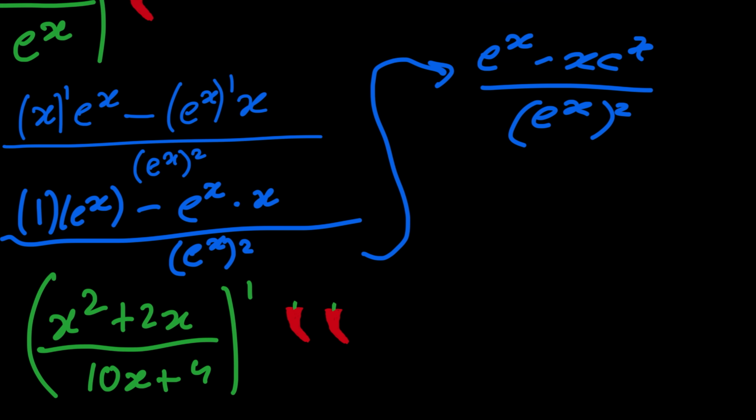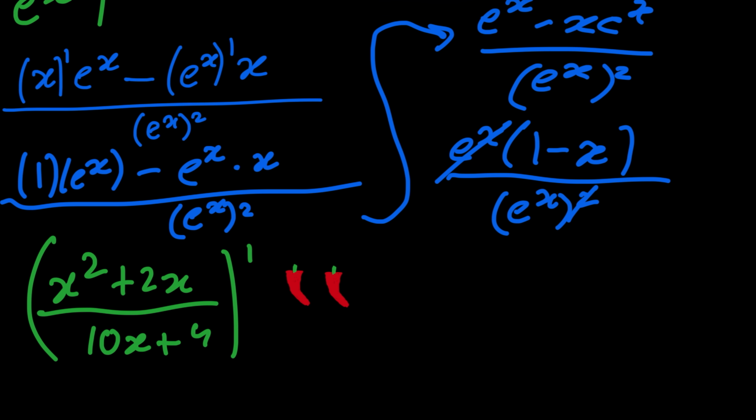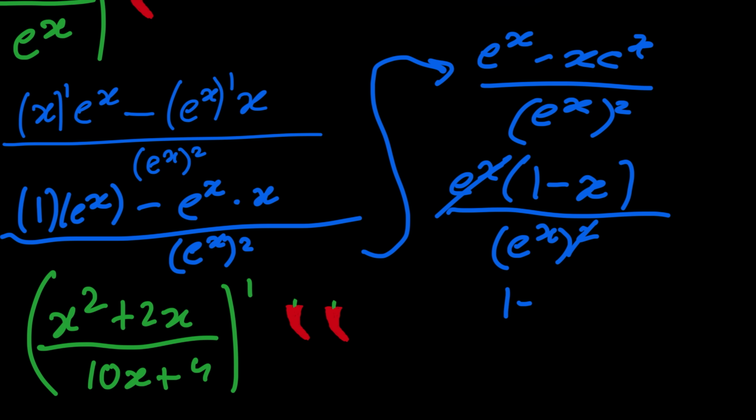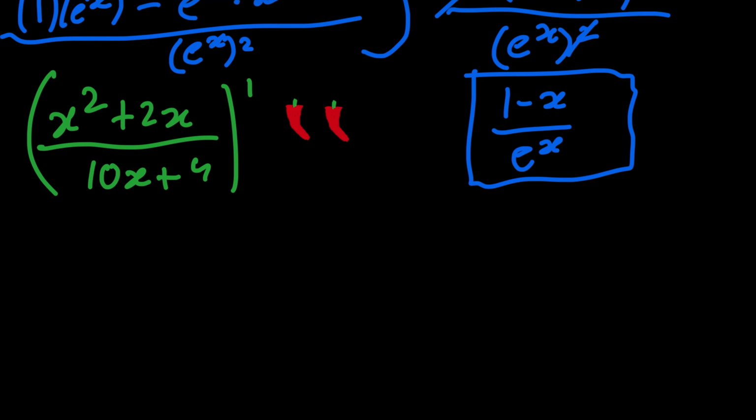So then we can factor out e to the x. So you get 1 minus x divided by e to the x squared. And then we can cancel the squared and we can cancel the e to the x. So we're left with 1 minus x over e to the x. And that is our final answer. Let's move on to the next problem.